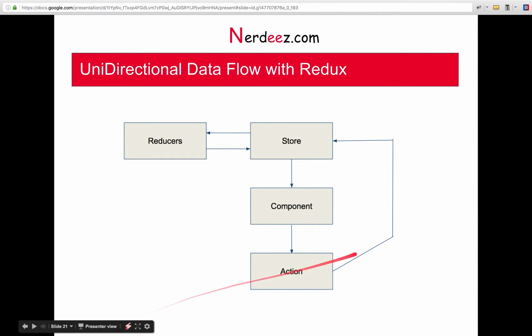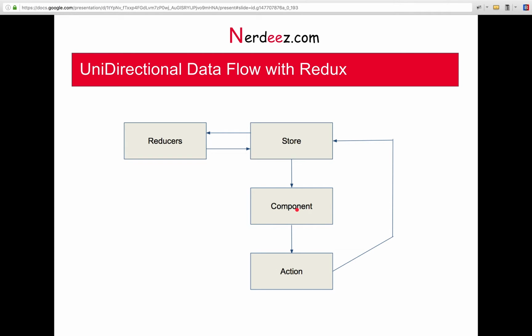The actions will send a type of action and a payload to the store. The store then, using the reducers, will decide based on the action sent what the next state should look like. And after that, components that have that state connected will re-render when it changes.